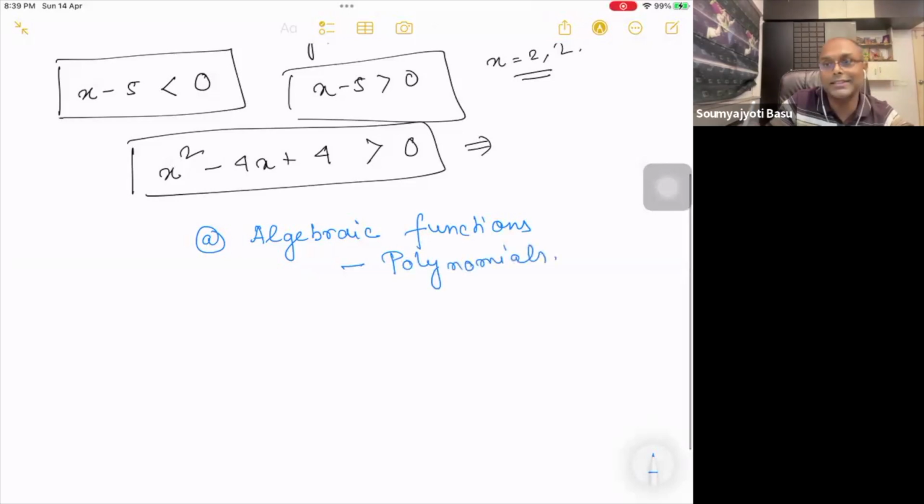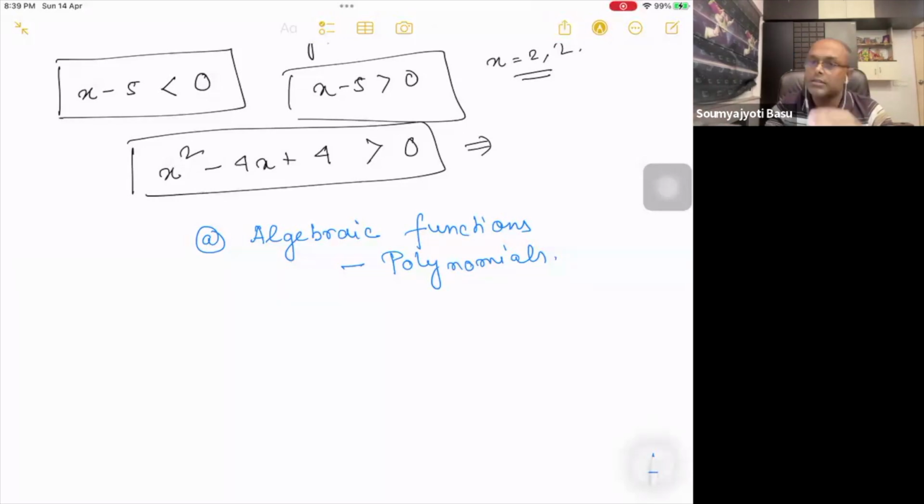The simple ones you have already seen. Polynomials where it's a linear equation, maybe x minus 5 less than 0. That's an inequality. Or x square minus 4x plus 4 greater than 0. That's an inequality. It can be higher order polynomials as well.